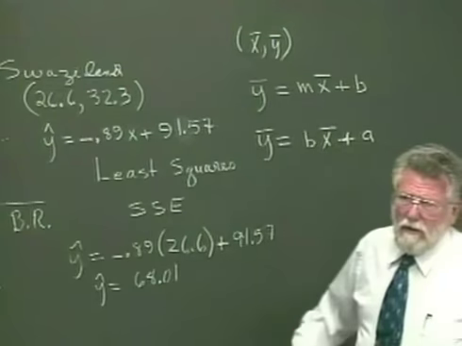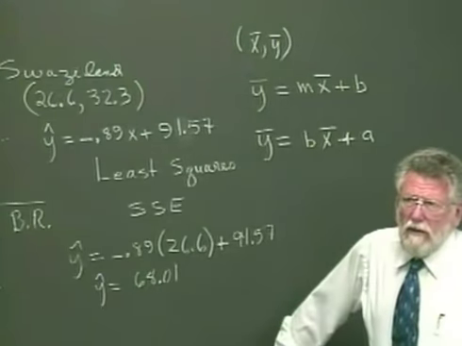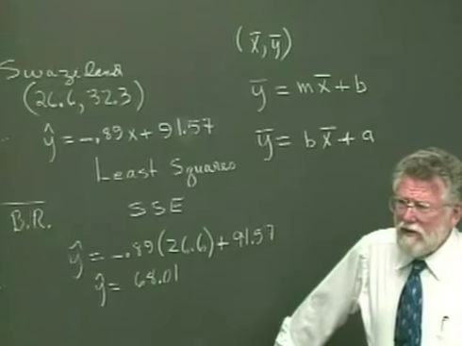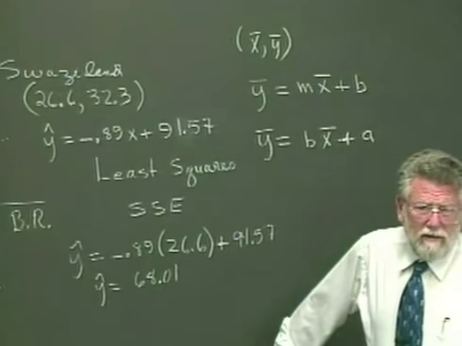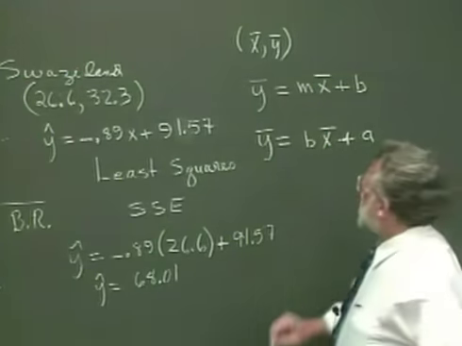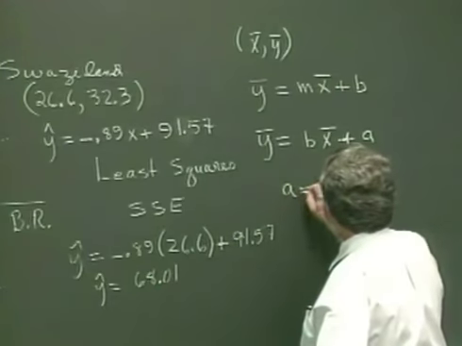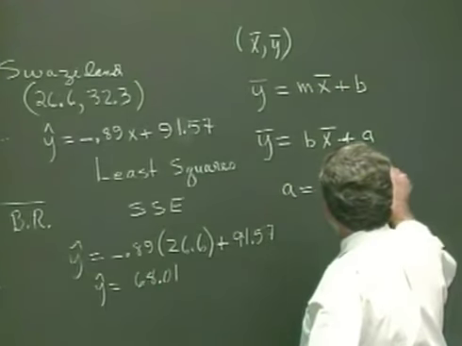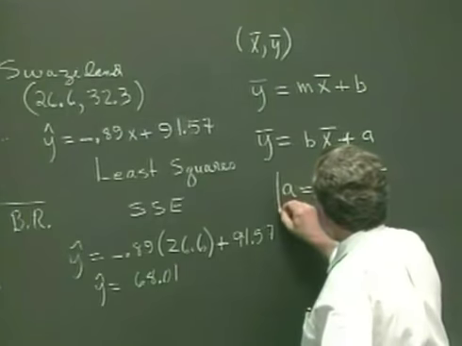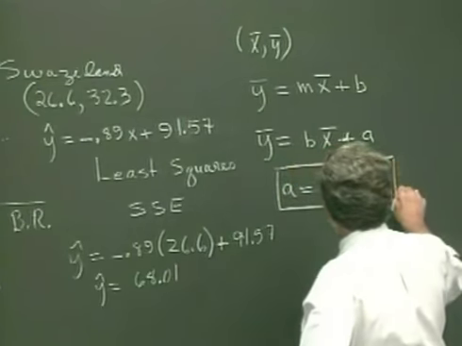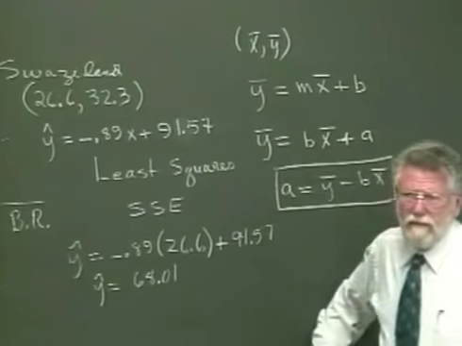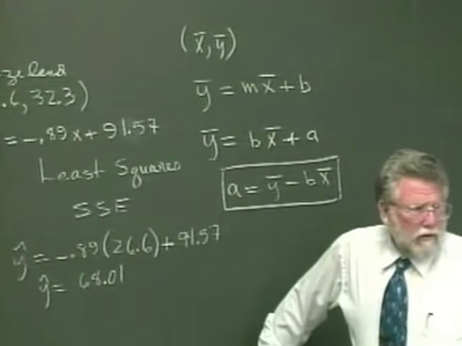But if I knew the slope, I could find the intercept very easily, correct? If I knew the slope, I could just say then a is equal to y bar minus b x bar. And I believe that's one of the equations on the page, is it not? Do we concur?